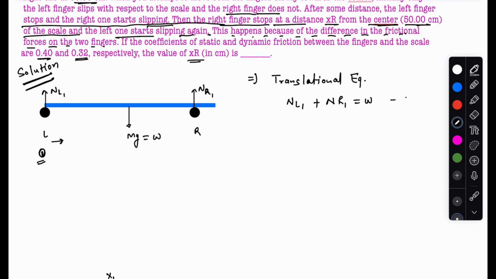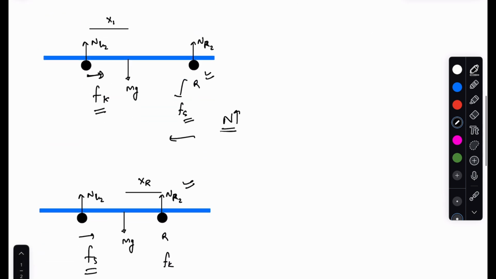Okay, this is our one equation. Although this equation will be true always, like here also in this scenario, nl1 and nl2 and nr2 are balancing the w, and here also they are balancing the w, isn't it? So always that is true.